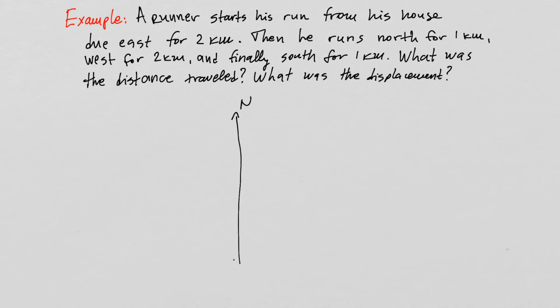This is north, this is south, east, and west. It's always easiest to consider the motion starting from the origin of the map. So right here, the center of the map. Now let's sketch the movement of the runner and let's see what it looks like.